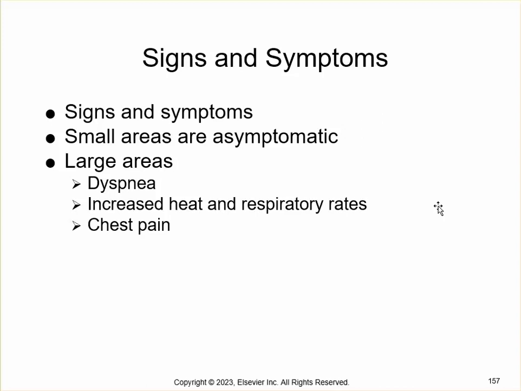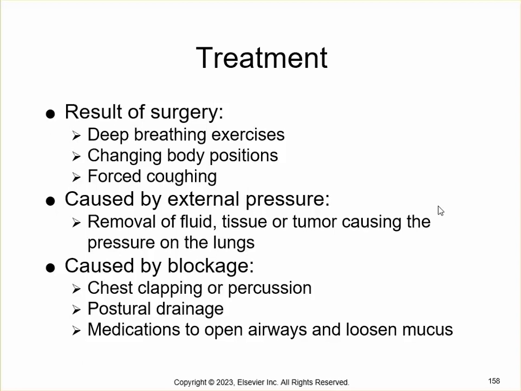If it's a small area, it's asymptomatic. If it's a large area, it's difficult to breathe. You get chest pain, you get inflammation in the area. So what you do to treat it is try to remove the cause, or the blockage.